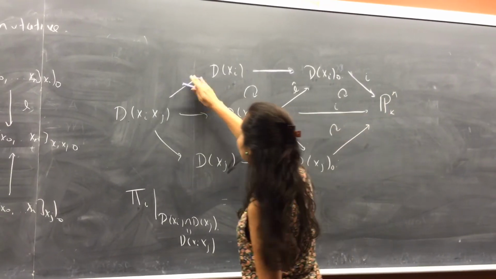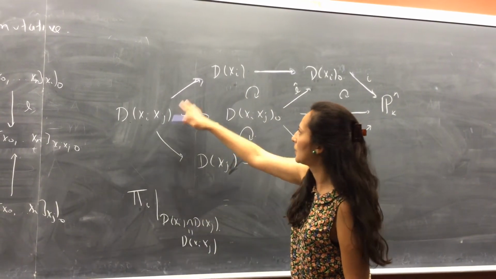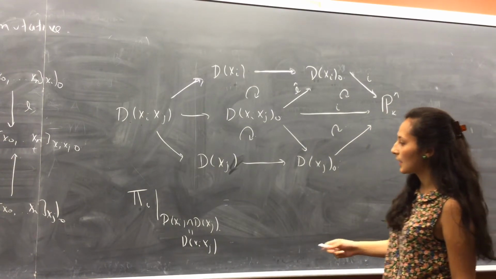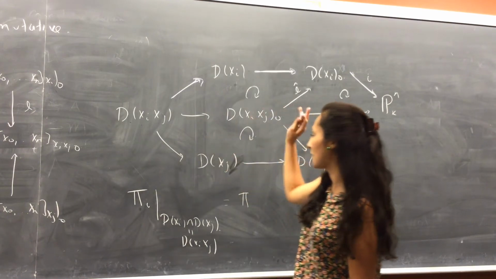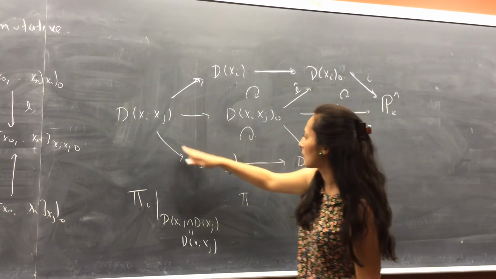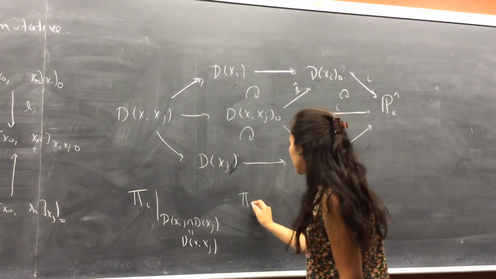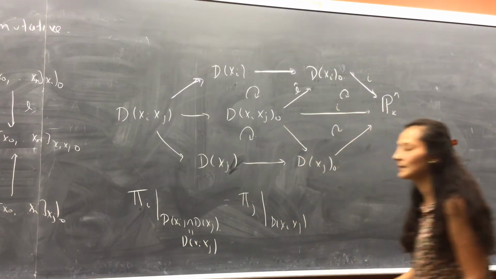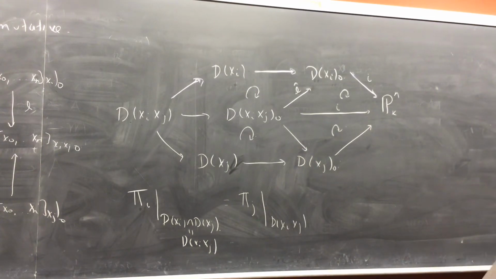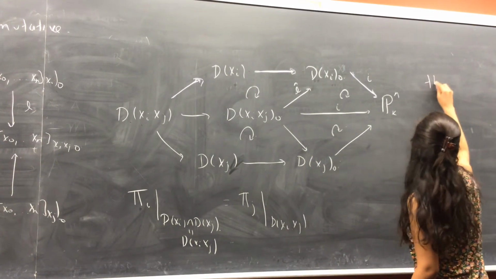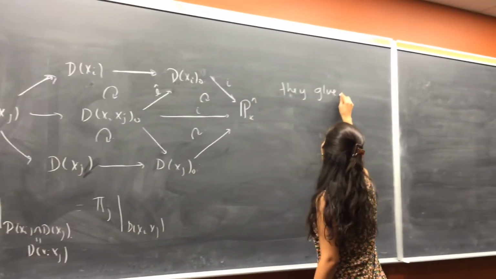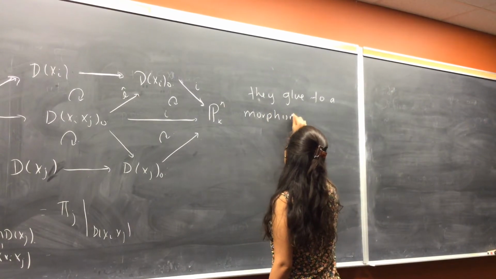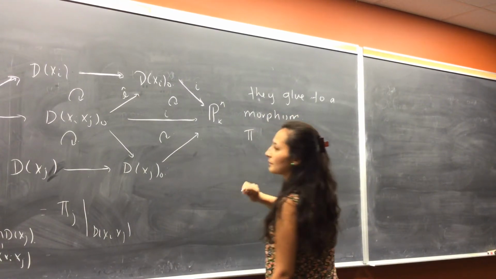But then when you restrict to this open, that morphism I write in there is, thanks to this commutative diagram, the same as going all this way down, which is pi_j. And this is the part when you just wash your hands and say, okay, they glue to a morphism pi from the whole thing.